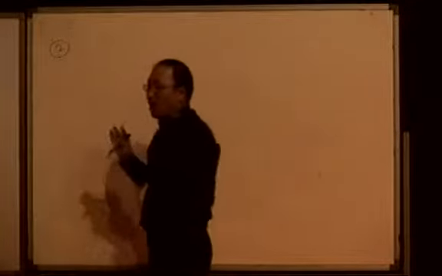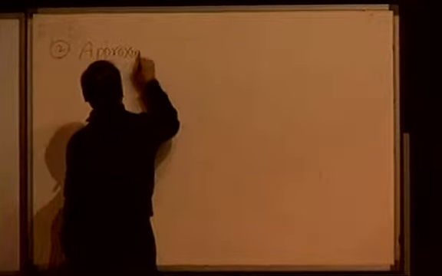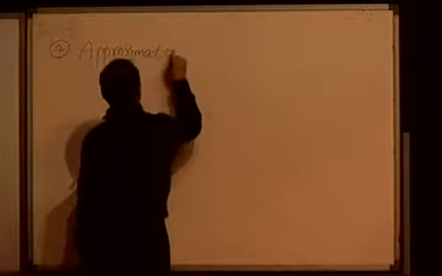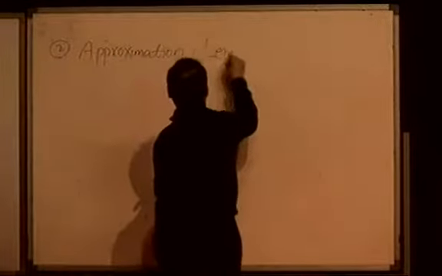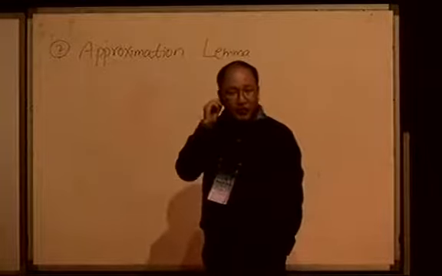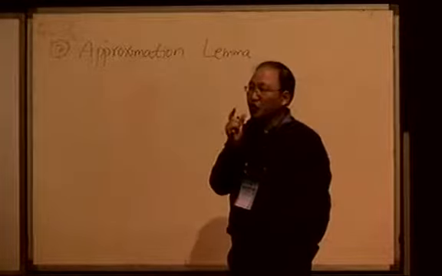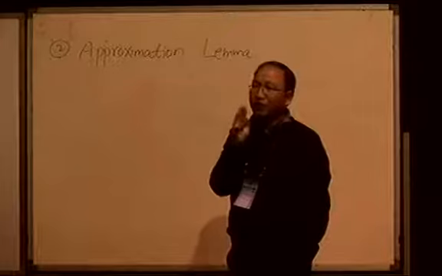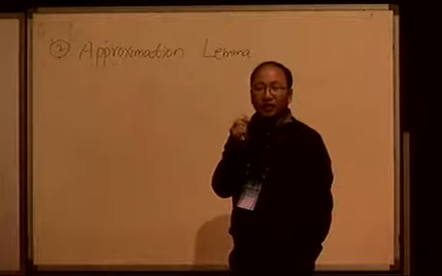And then the next one is, so there is the first step, and the second step is the approximation lemma. The approximation lemma basically tells you that if you perturb your data a little bit, then your solution will change a little bit.